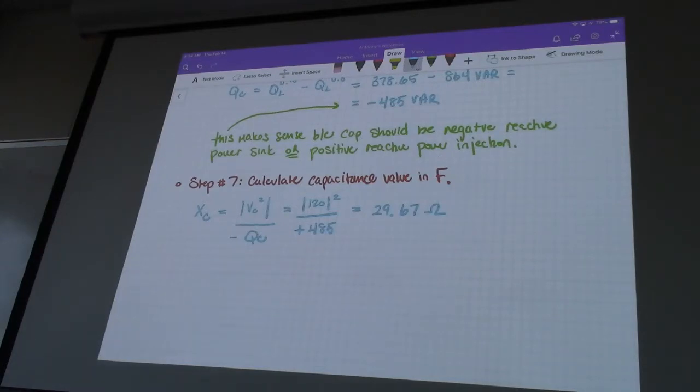I'm copying my notes here. I'm skipping steps, which I should not be doing. Right, let's do this formally so the signs work out right.